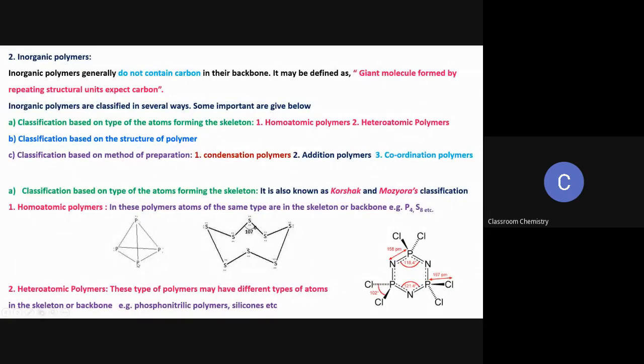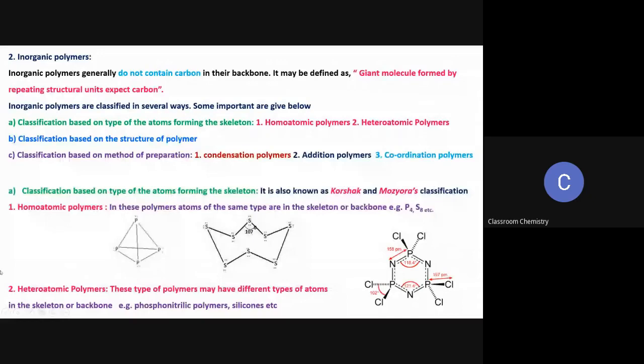So four phosphorus atoms are there, and that's why it is P4. In case of sulfur, S8, you see 1, 2, 3, 4, 5, 6, 7, and 8 atoms arranged together. Then it is called a homoatomic polymer.